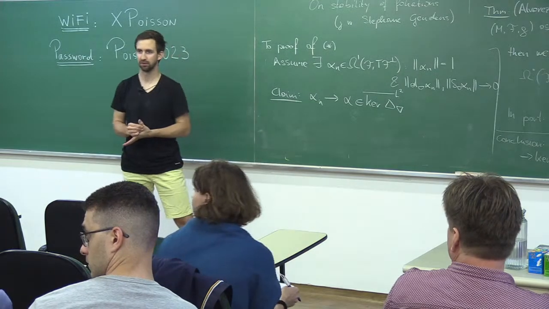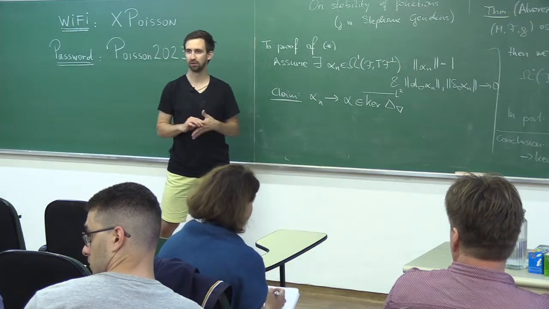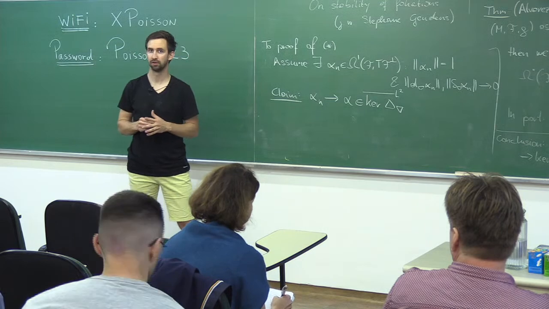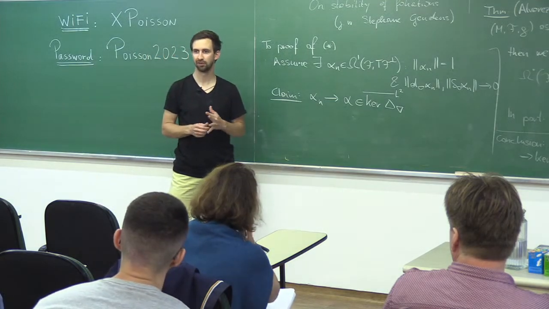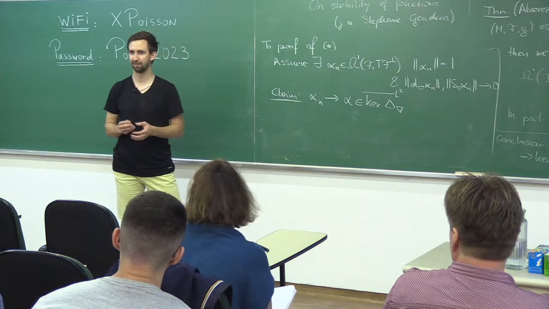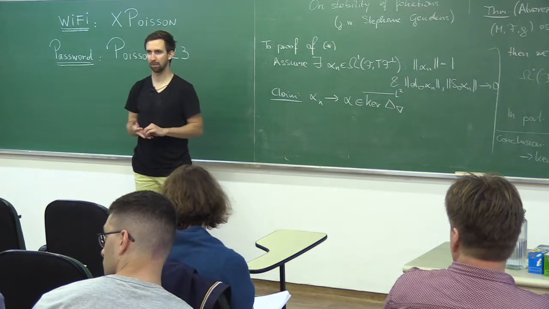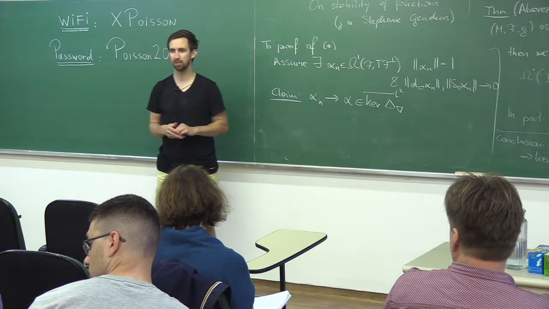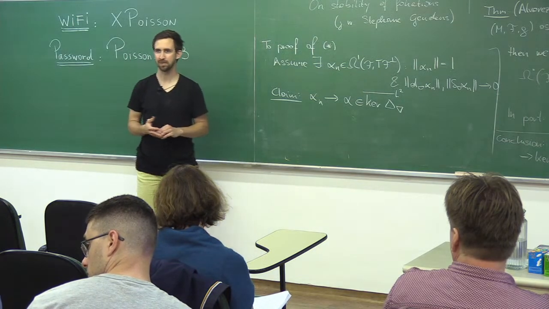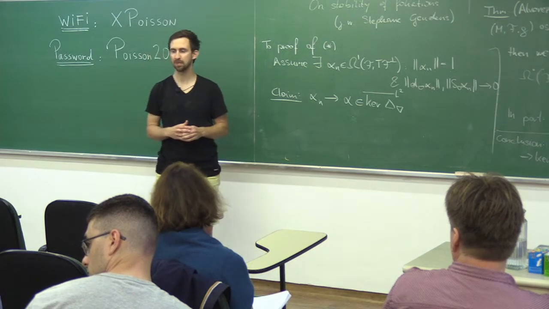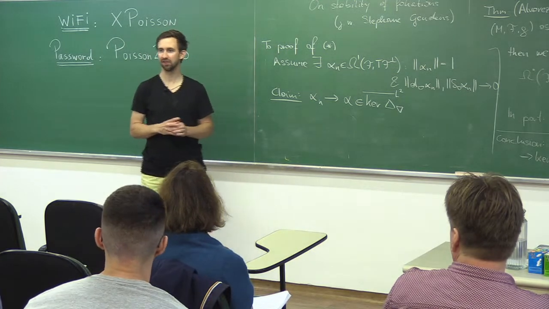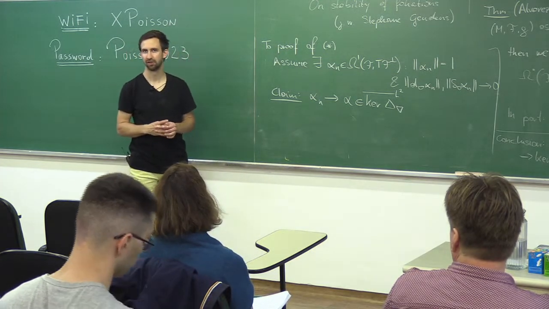When you define stability, you don't take into account that you're going to work with isometries. So you could, for example, put that into the group. So instead of looking at the diffeomorphism group, if you already have the metric, you can look at the group of isometries acting on this.